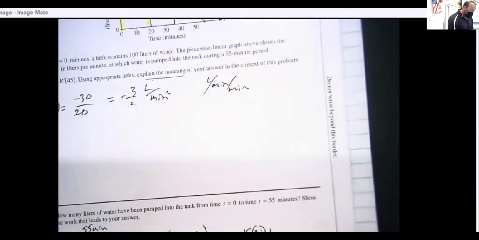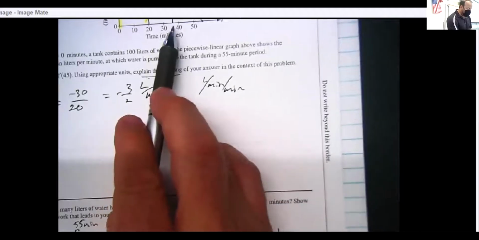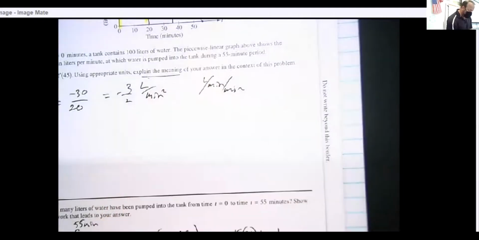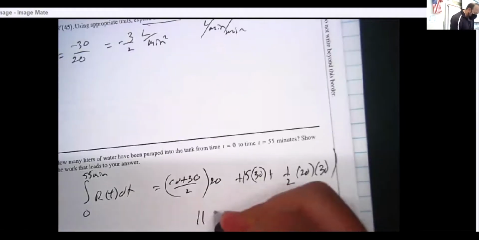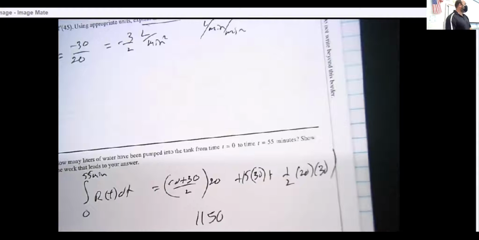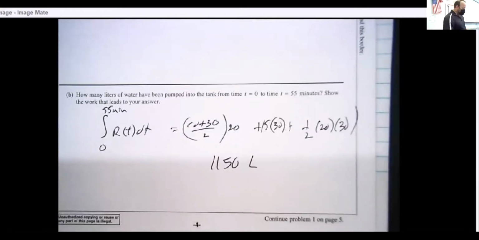It's 1/2 base times height, right? Where the base from 35 to 55 is 20, and its height was 30. And putting it all together, I think we got 1,150 liters.